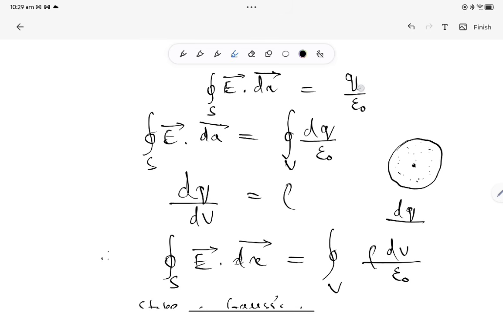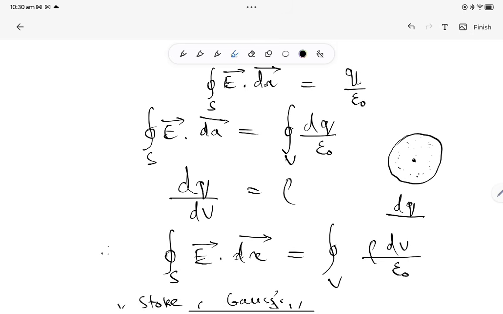In case of magnetism, you will have magnetic flux, B dot dA, equal to magnetic charge. But magnetic monopoles do not exist. Even though it is really a puzzle, it is an experimental fact till now that we have not been able to detect them.